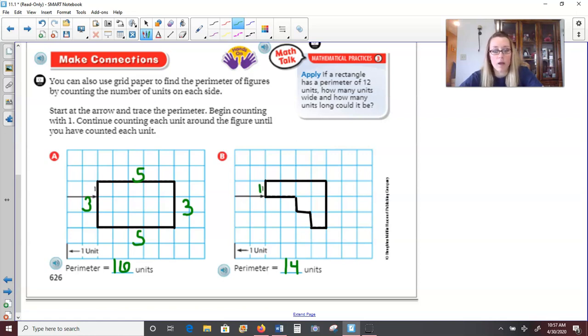Here was 1, and then we did 2, and then we came down 1, across 1, down 1, across 1. We came up 3, and then we had a 4 across the top there. So 1 plus 2 is 3, 4, 5, 6, 7, plus 3 is 10, plus 4 more is 14.